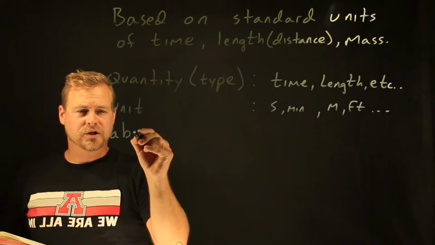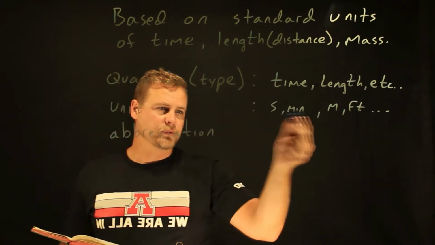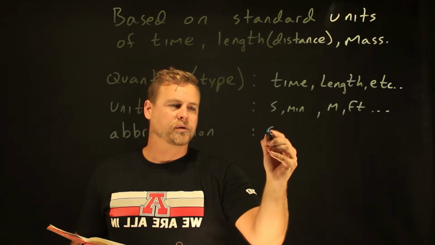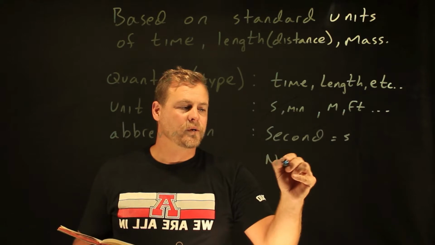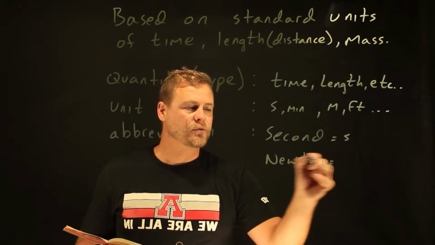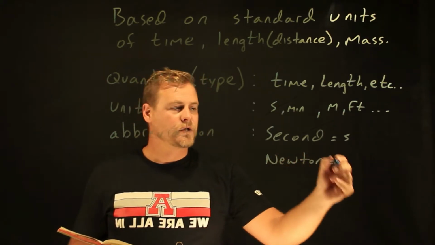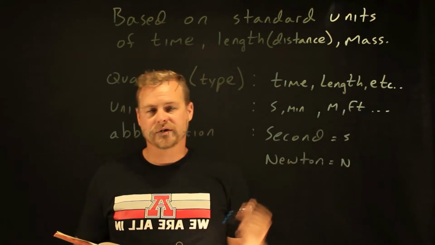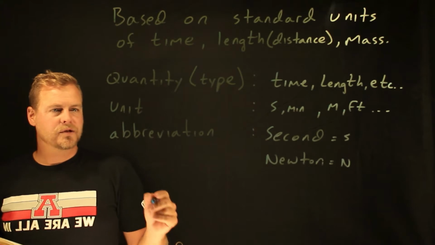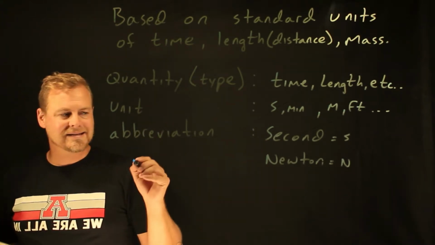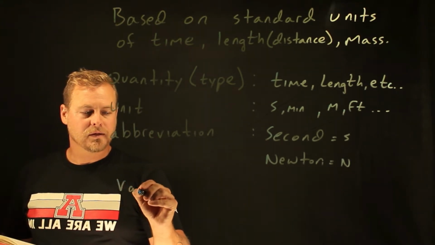The abbreviation is actually what I just gave you. So, a second. Things that you might not understand: a Newton is a unit of measurement for force, its abbreviation is N. So those are the abbreviations, and the reason I bring those up is because your abbreviation is not the variable.